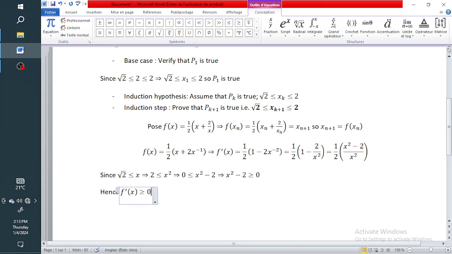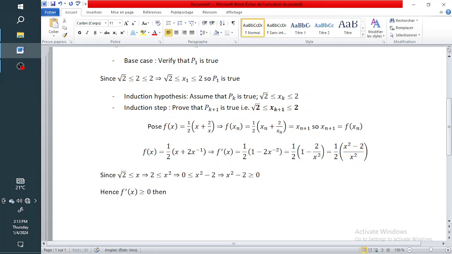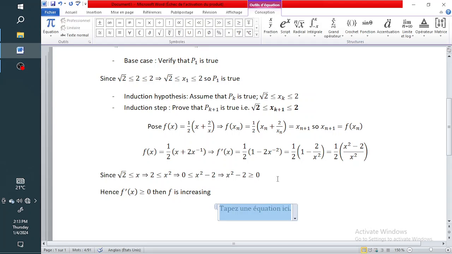Alright, so if f prime of x is always positive, then what do we have? f is increasing, right? Because the sign of its first derivative is positive. That's f prime of x is greater than 0. Now, since f is increasing, let's go back to the induction hypothesis.